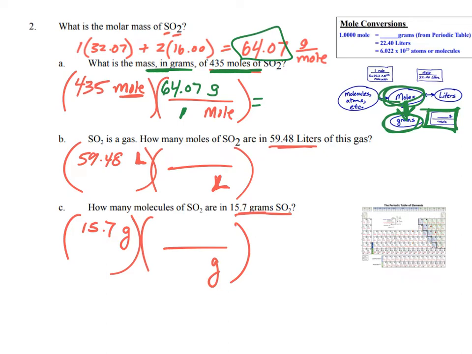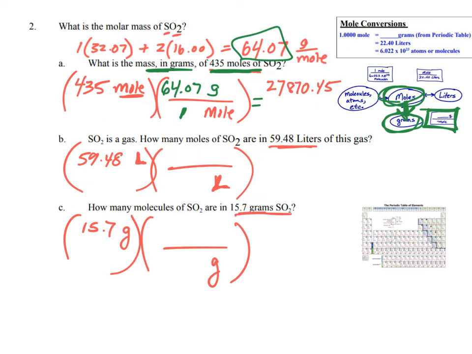435 times 64.07 equals, that's my dog barking. The calculator says 27870.45. Now I have to decide where I'm going to round it. Okay, now where am I going to round it?